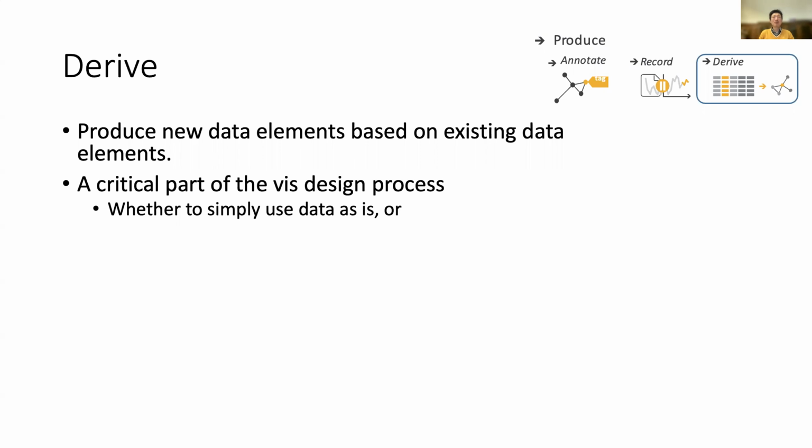It probably doesn't make much sense to include every single attribute in the data set, because for specific visualizations or specific analysis questions, you probably only need to include the relevant ones, and you have to decide what the relevant ones are.